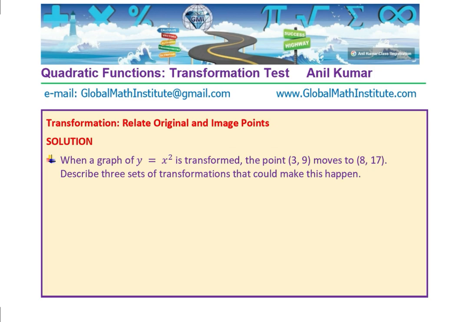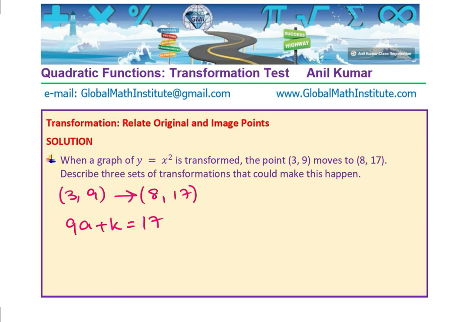Now, here is the last one for you. We are going to move from 3, 9 to another point, which is 8, 17, the image point. So we are saying that 9 times a plus k should be 17. You could give any value to a and then work out the k value.